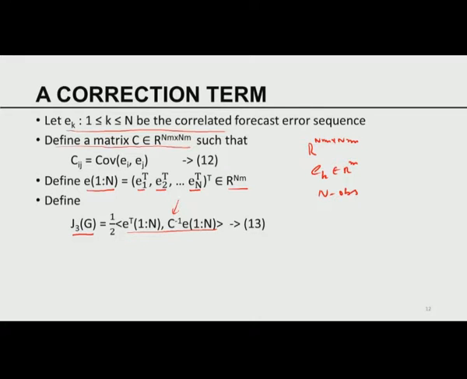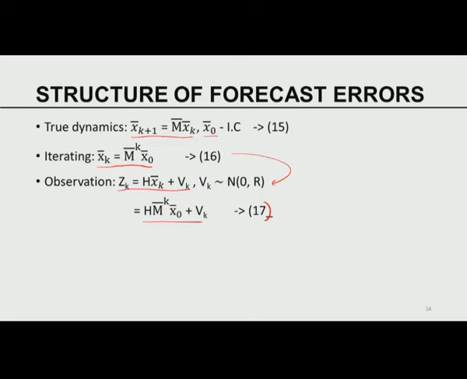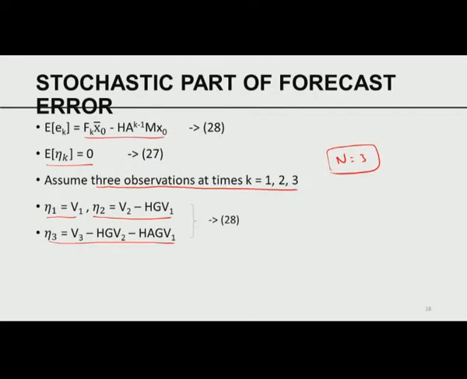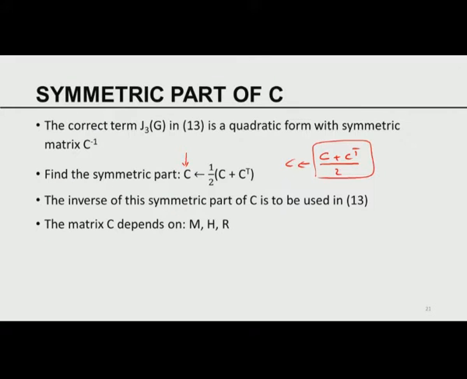The weight matrix is C inverse. I have computed C, so in principle I can compute C inverse. Therefore the correct term J3 in 13 is the quadratic form with the symmetric matrix C inverse, where C is the symmetric part of the computed C.